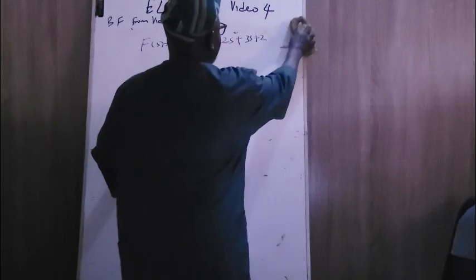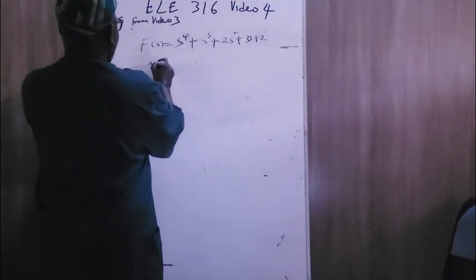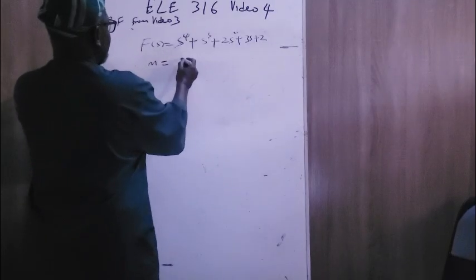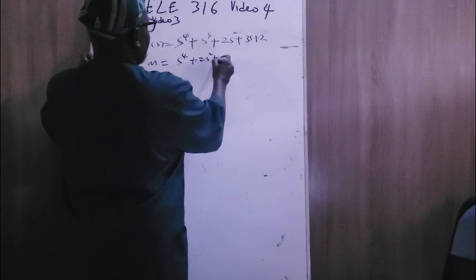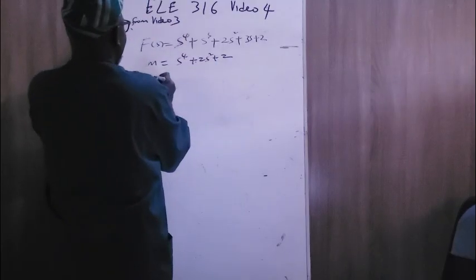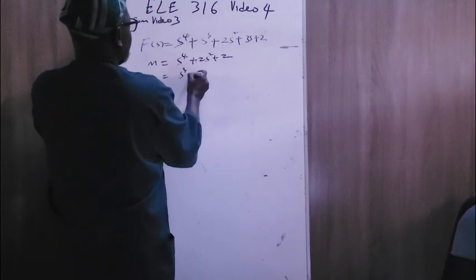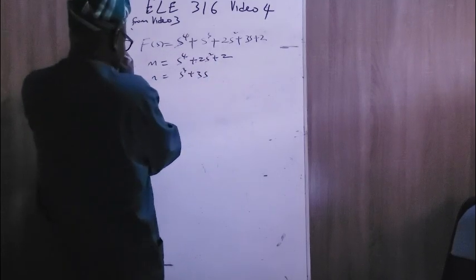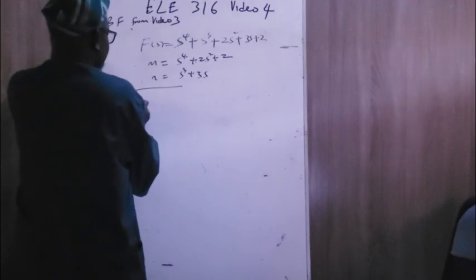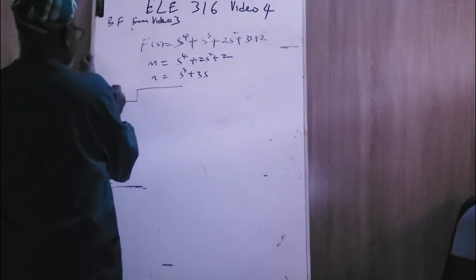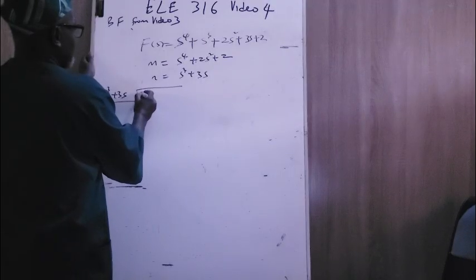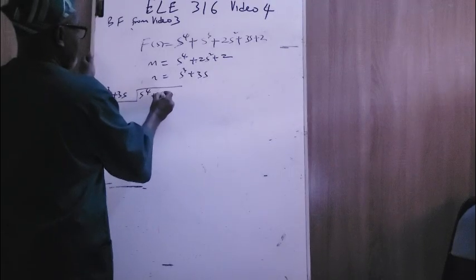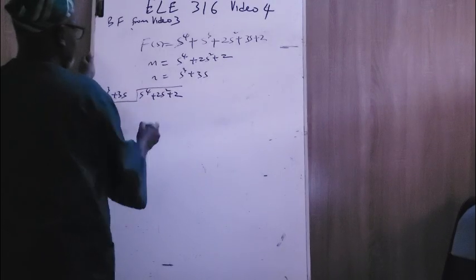This is what we are given in this case. So from here, we can form our even part, s^4 plus 2s^2 plus 2. N is going to be s^3 plus 3s. We start the division. s^3 plus 3s into s^4 plus 2s^2 plus 2.